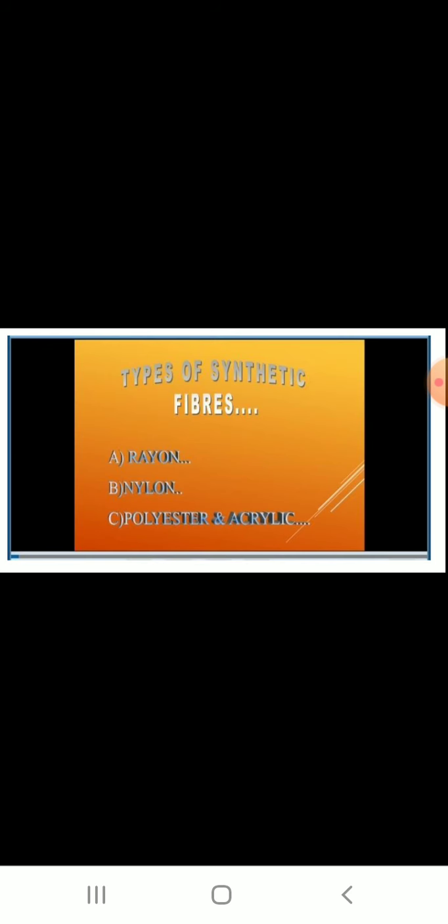Next, synthetic fibers. As I told you, these are the man-made fibers. The types of synthetic fibers are rayon, nylon, polyesters and acrylic. These are the familiar types of synthetic fibers. We'll go through them one by one.